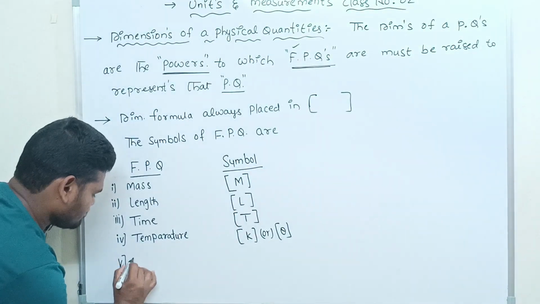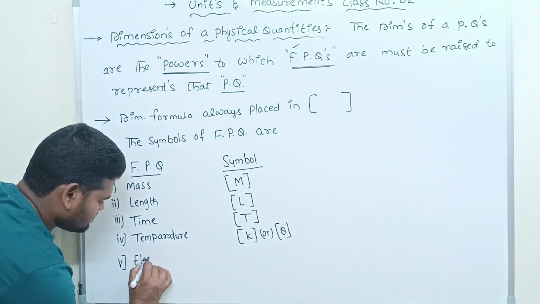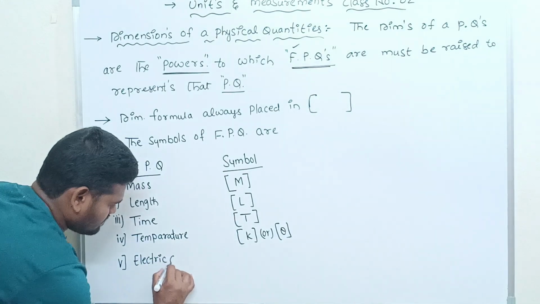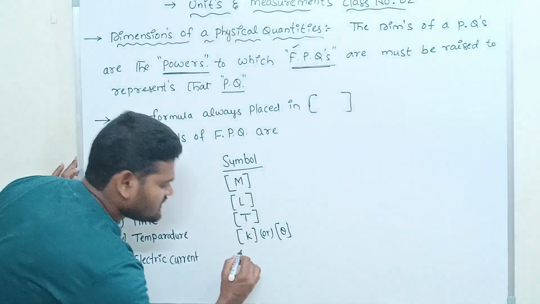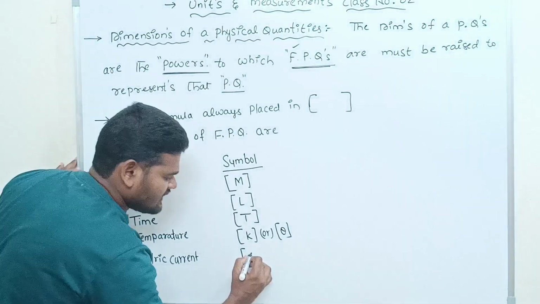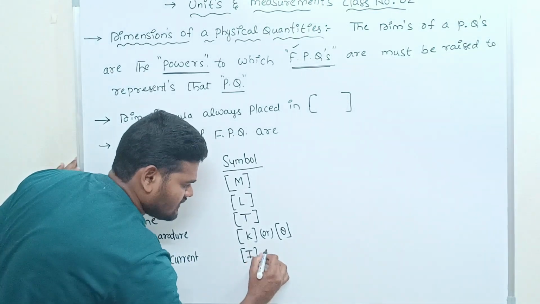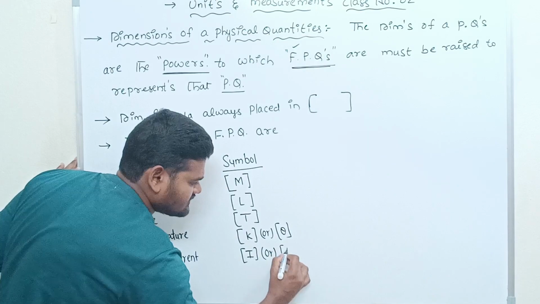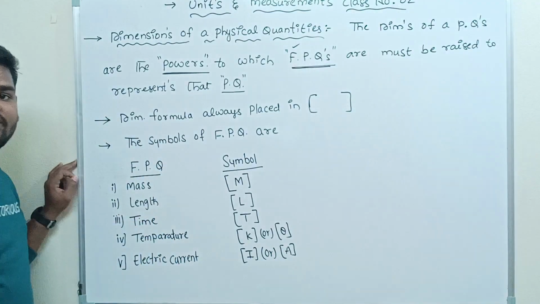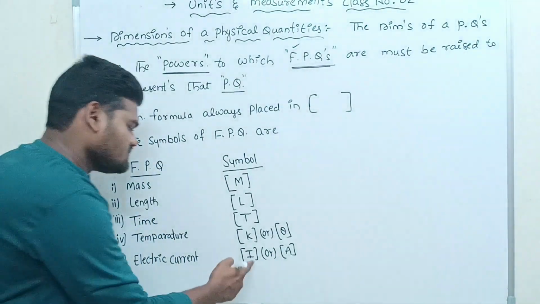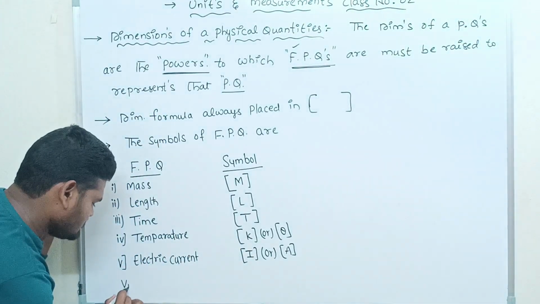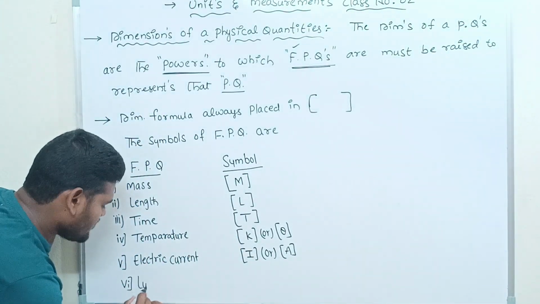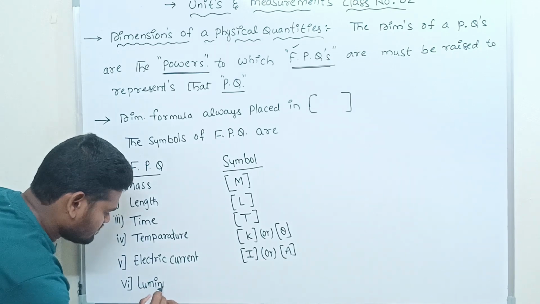Fifth one, electric current. The dimensional symbol for electric current is capital I or A, your wish, I or A. In these two we can use one as a symbol for electric current. And the sixth one, luminous intensity.